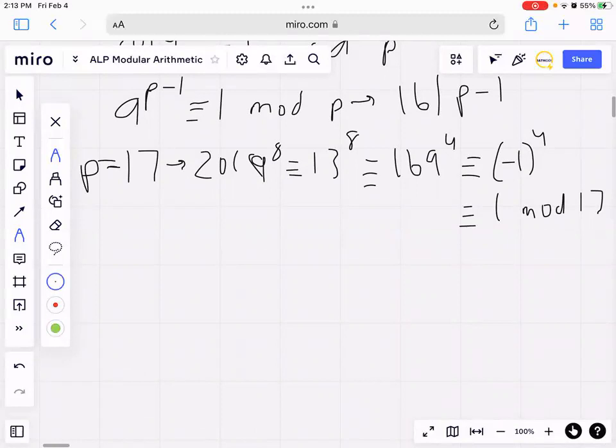Adding 16 to 17, we get 33, which is not prime. Adding another 16 is 49, not prime. 65 is divisible by 5, not prime. Adding 16 gets us 81, a perfect square, not prime. Adding again gets us 97, which is prime, so maybe this will work. Let's see. Now we need to find 2019 to the power 8 again.